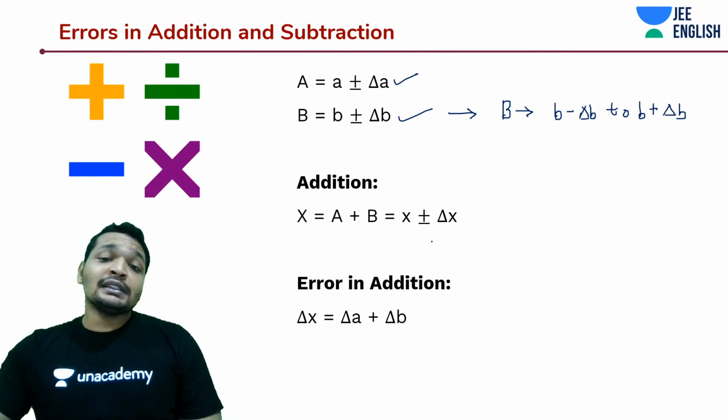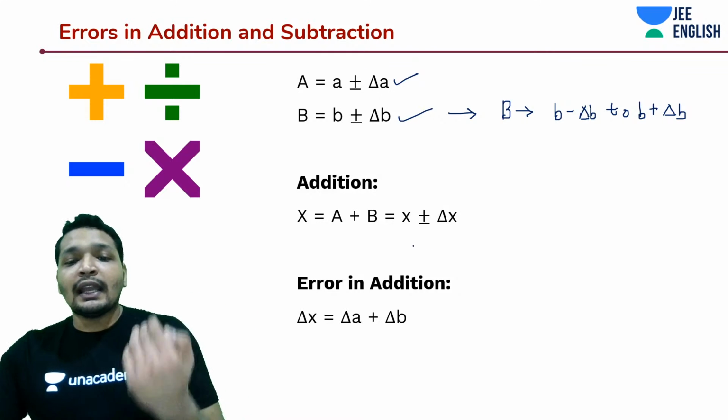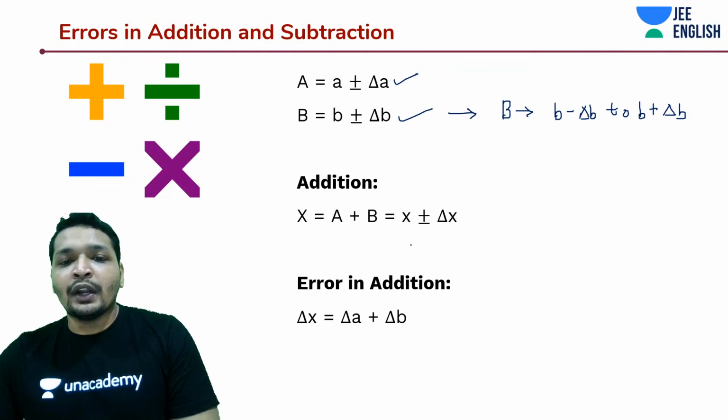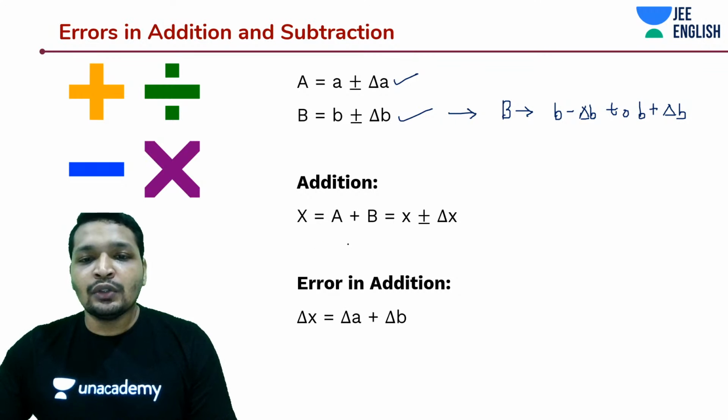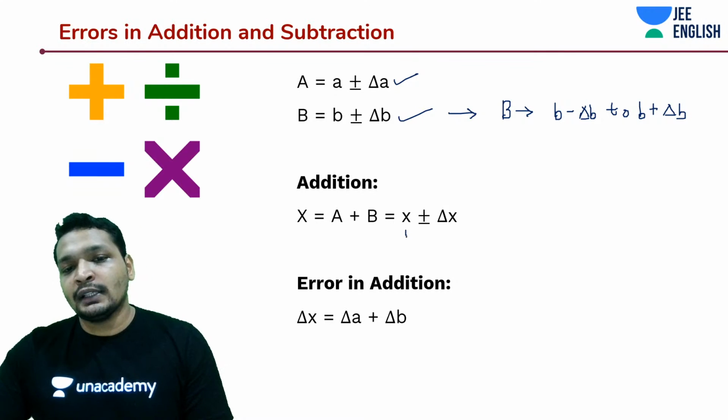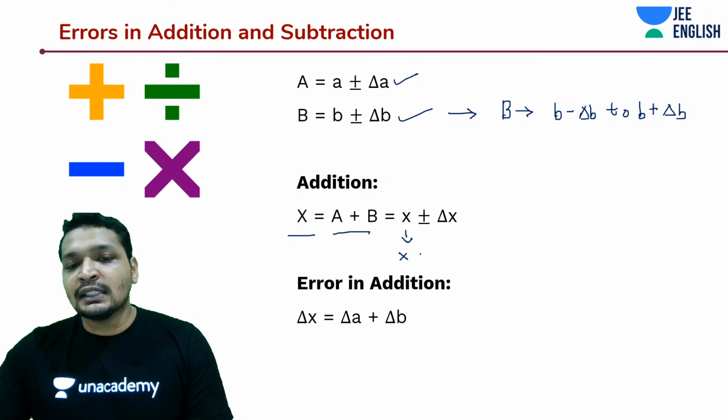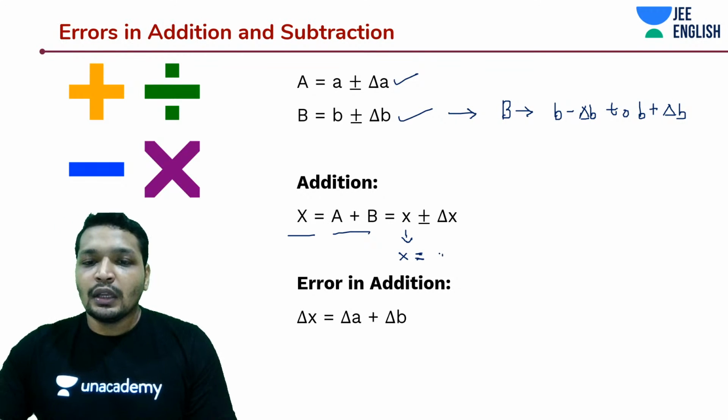Okay, that being said, if I'm going to add A and B, how would I do that? Let's say the sum is x, which is nothing but a plus b. x is equal to small a plus small b. And what about delta x?